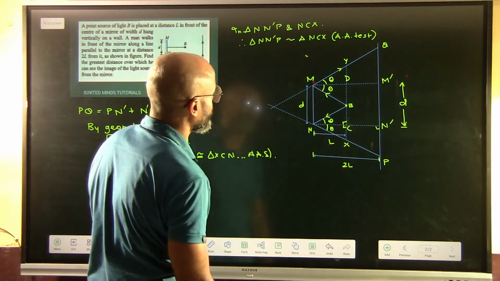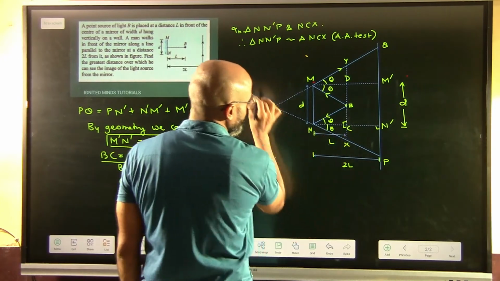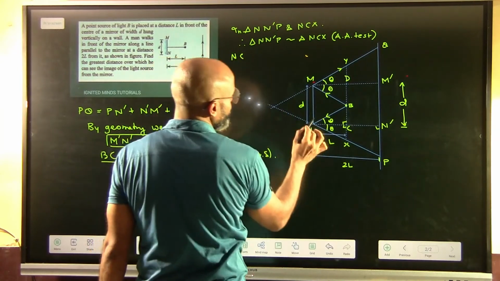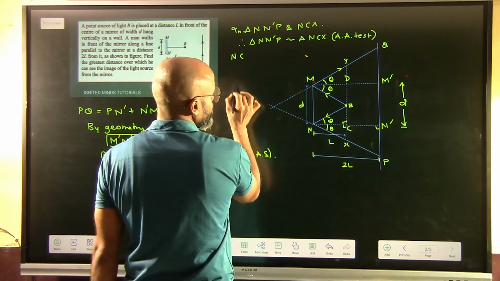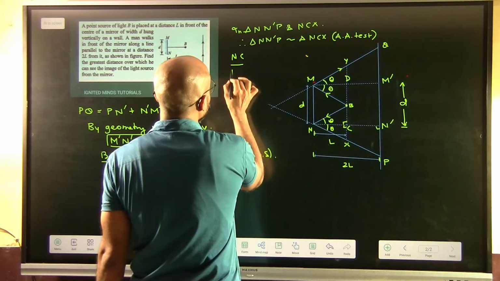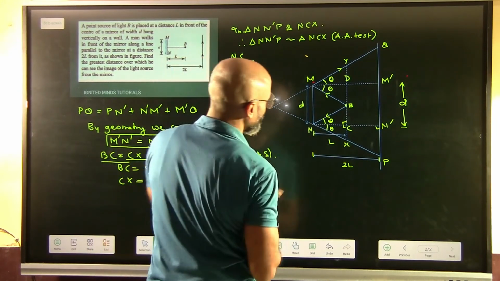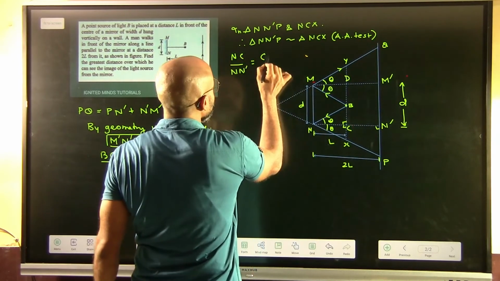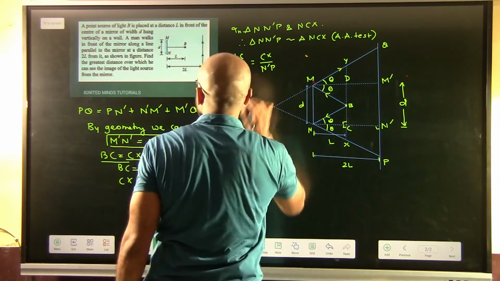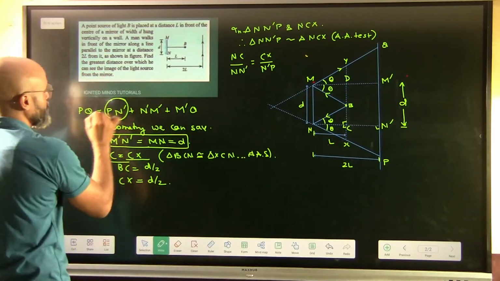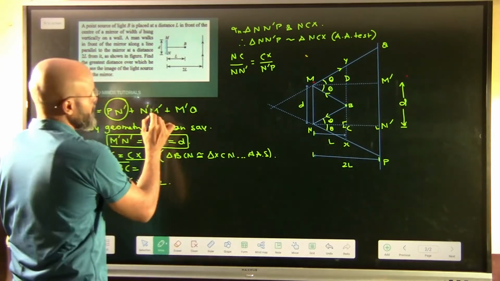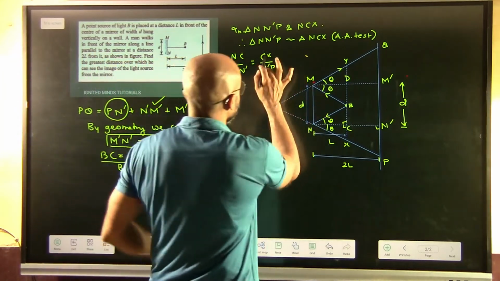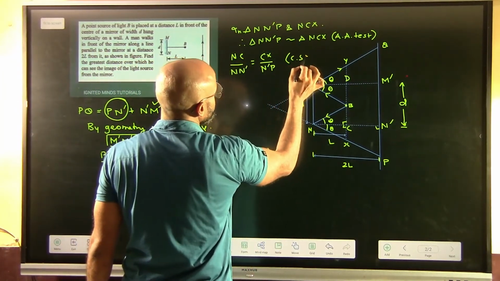Now if these are similar, then NC by N dash will be equal to CX by N dash P. Remember what we are trying to calculate here. We are trying to calculate this PN dash or N dash P, because we already have the value of N dash M dash, which is this. So these will be corresponding sides of similar triangles.